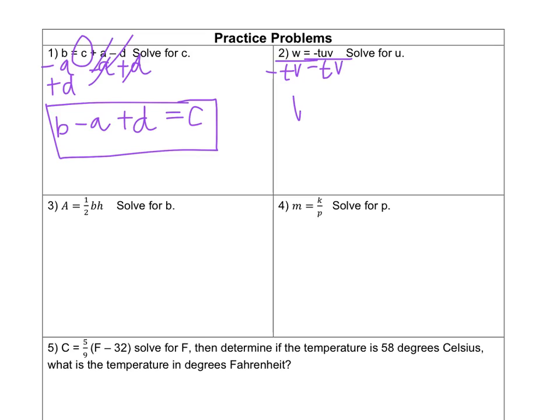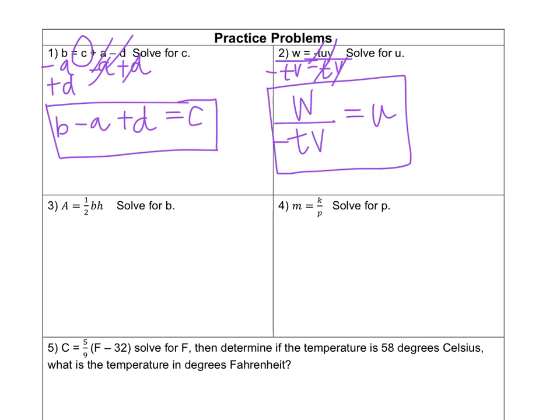So on the left side I would have w divided by negative t v, and it would equal negative t divided by negative t is 1, and v divided by v is 1, leaving me with just u. So we got u by itself, which means we did it correctly.